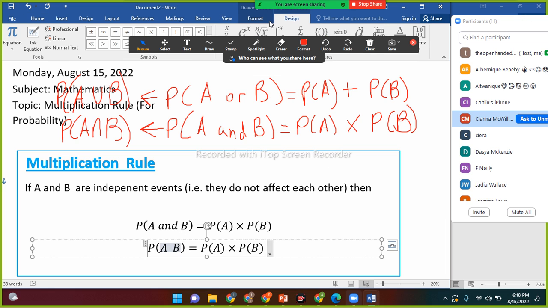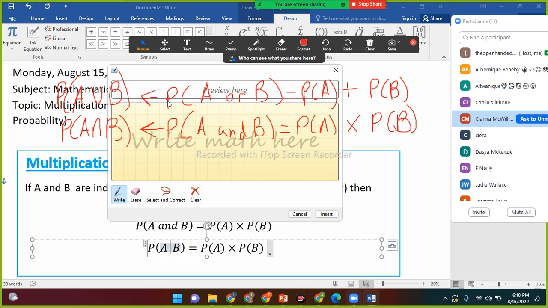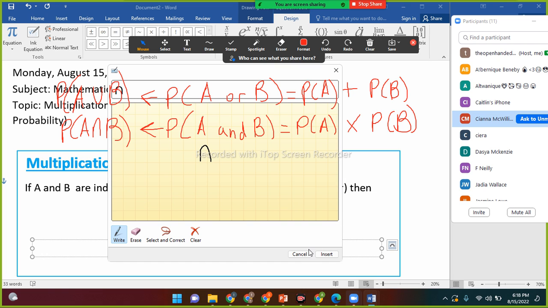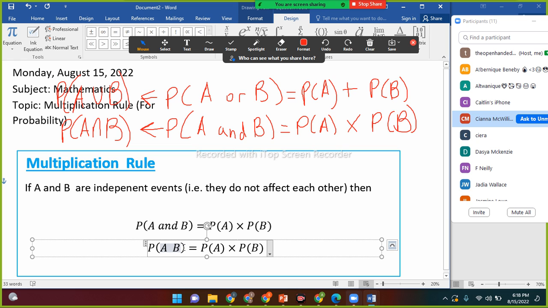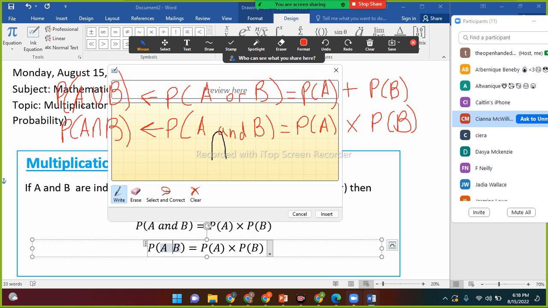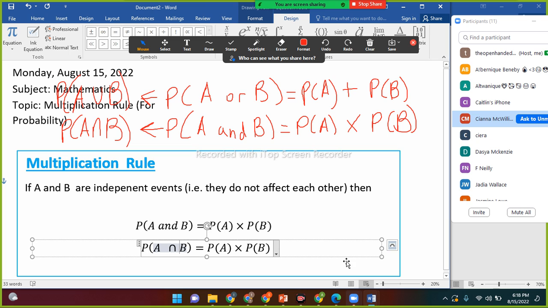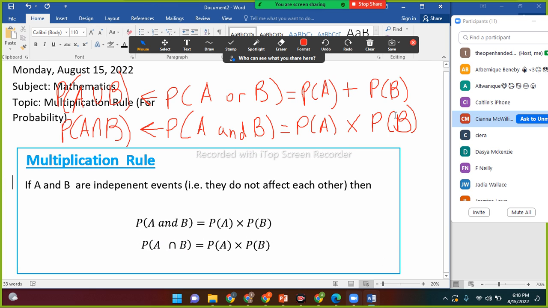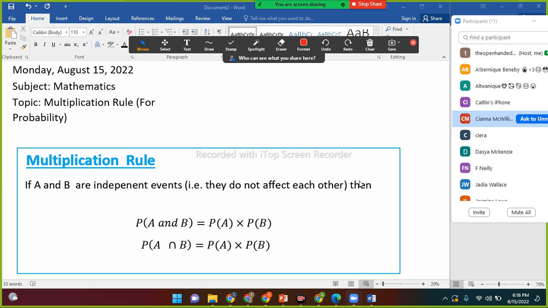So the probability of A intersect B is the probability of A times the probability of B. Insert. Good. All right, so those are the two ways to write the multiplication rule.